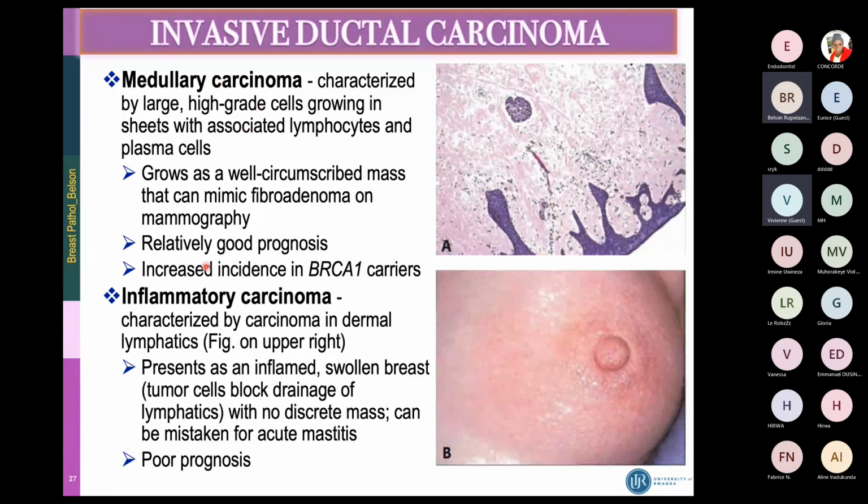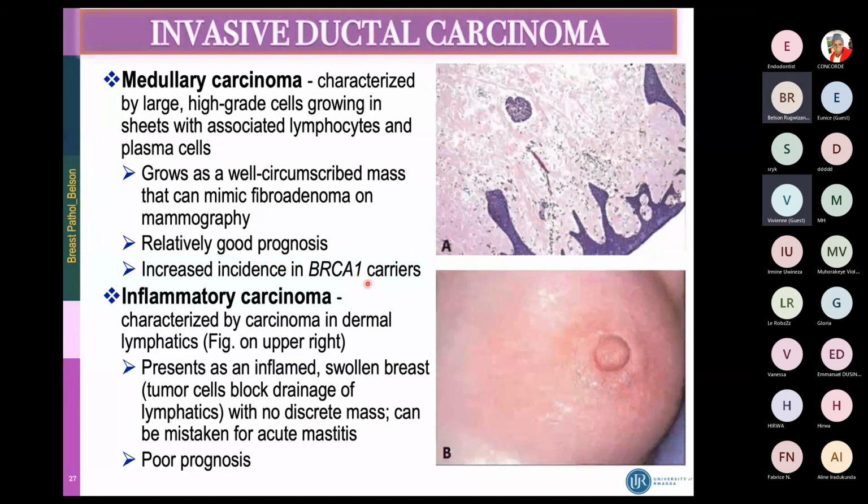So incidence in this subtype increases with BRCA1. So BRCA means breast cancer gene 1. Habaho na gene 2. Izi ni genes ziba mutated muri famille runaka, ugasanga niba hari abantu bazifite muri famille bafite familial syndrome of developing breast cancer, ovarian cancer, endometrial cancer.